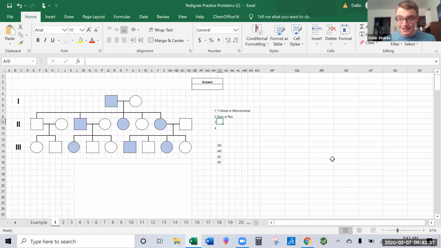What we mean by that is if every affected child has at least one affected parent, then we consider it most likely dominant. If there is ever anywhere an affected child that has 2 normal parents, that has to be recessive.